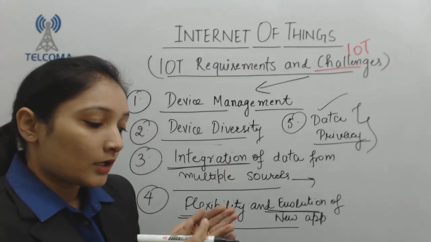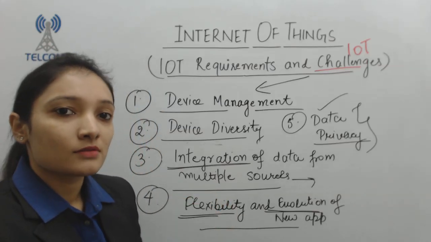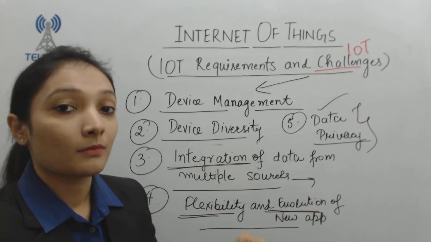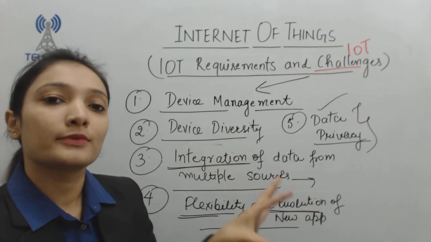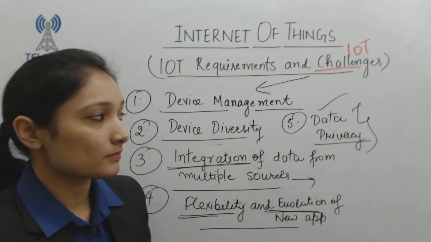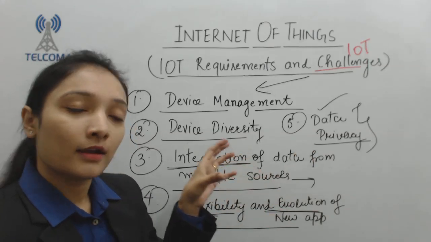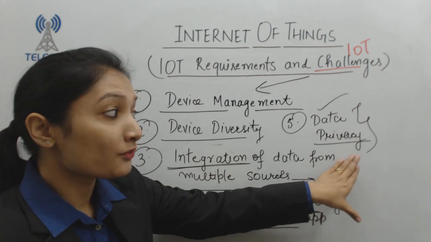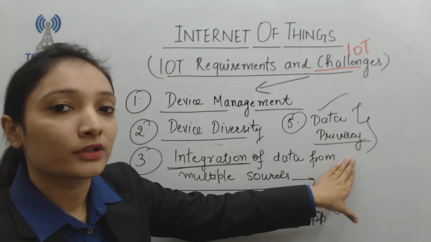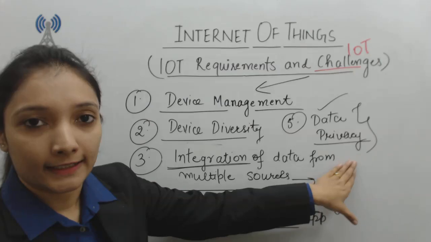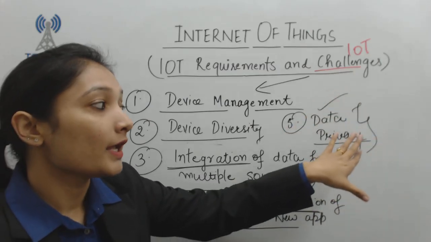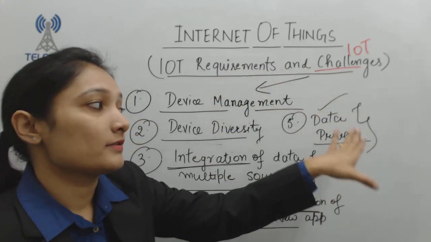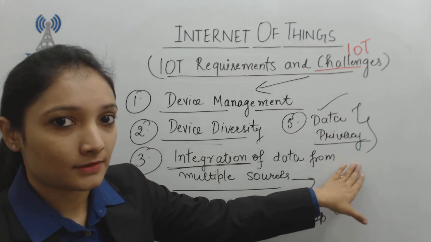That means the data for a particular customer should be streamed to him, and moreover it should not be accessible to other users, or simply we can put it in a way that it should prevent unauthorized access to that kind of secured data. So security remains an important requirement as well as a challenge for your IoT systems.